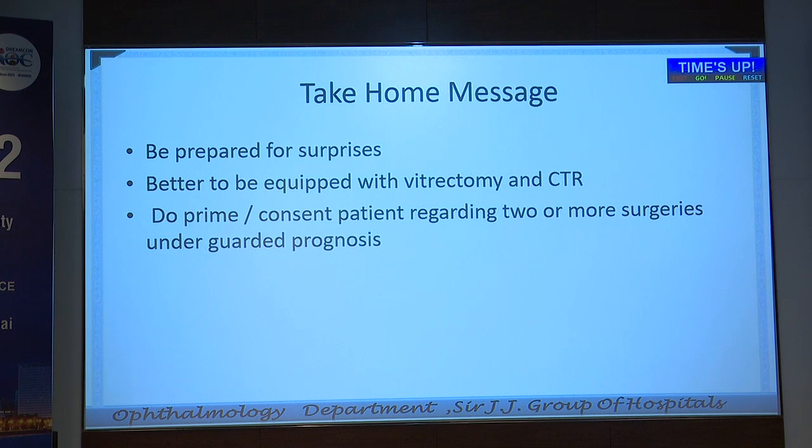So the take home message is consent. Always remember, consent is very important. The child is crying, the father and mother are crying, and at that time if we do not take proper consent, then the patient will be unhappy. So whenever a trauma case comes to you, it is better to tell them properly, and counsel.